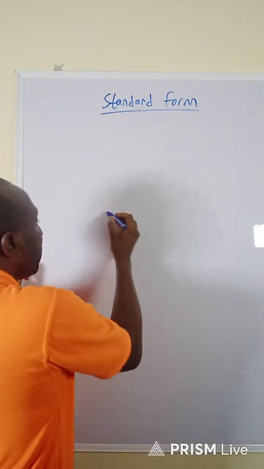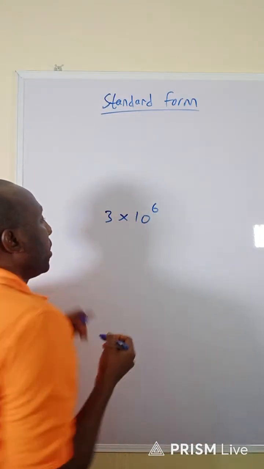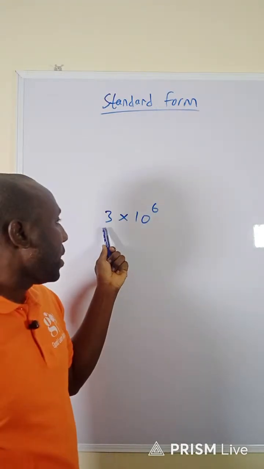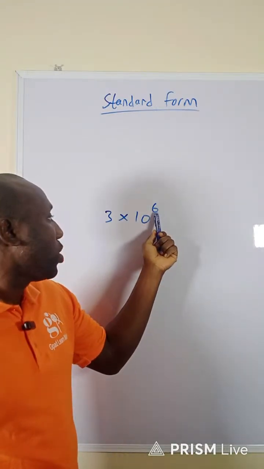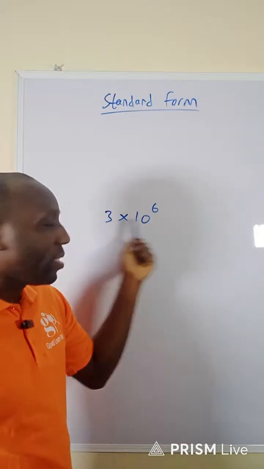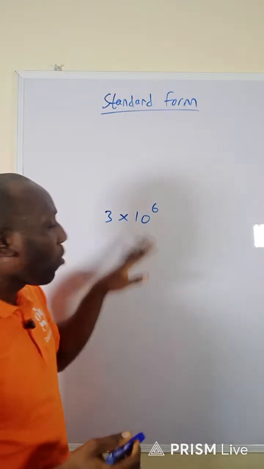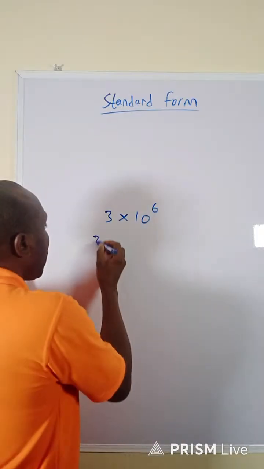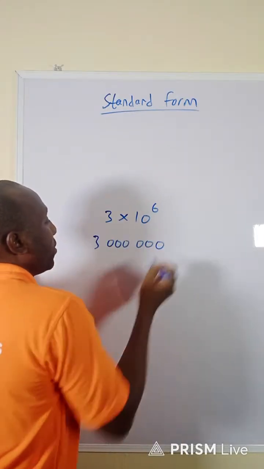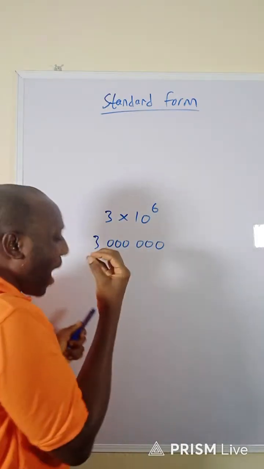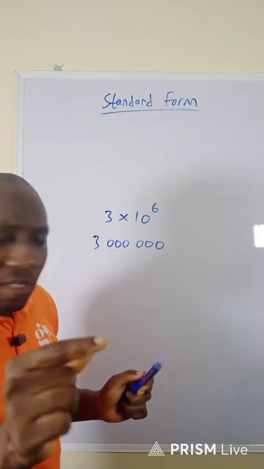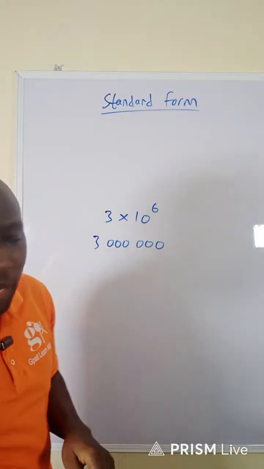For example, if you have this, you already know that this is 3 million, because the power of 6 tells you that you have 6 zeros, and in 1 million you have 6 zeros. So this is more compressed than writing out the zeros, where you might have to start counting the number of zeros to be able to tell that this is 3 million.